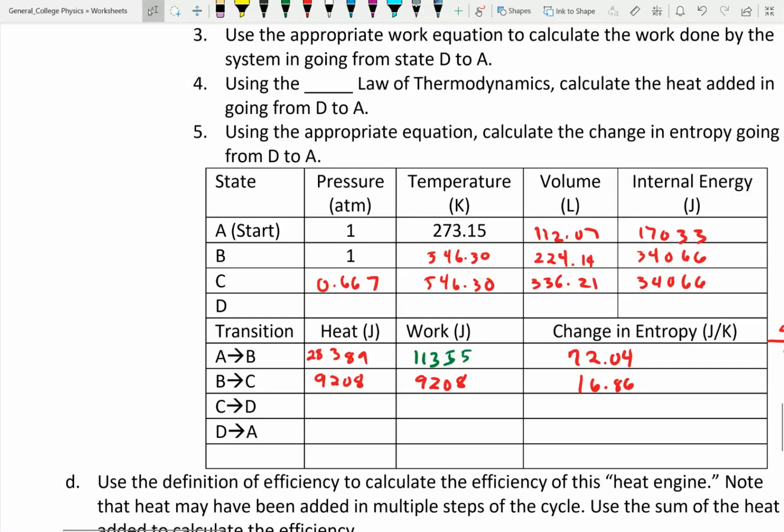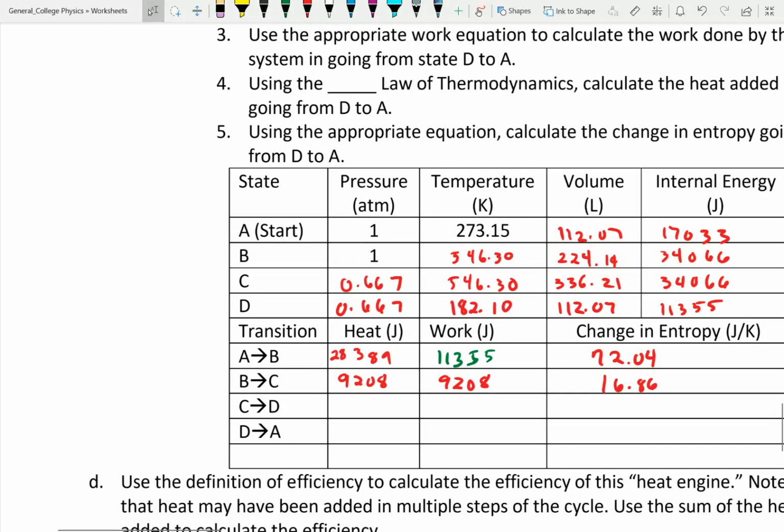So now I'm going to fill in all of those numbers. And so I have 0.667 atmospheres pressure, temperature 182.10 kelvins. The volume at this point is 112.07 liters, back to the initial volume. And the internal energy is 11,355 joules.